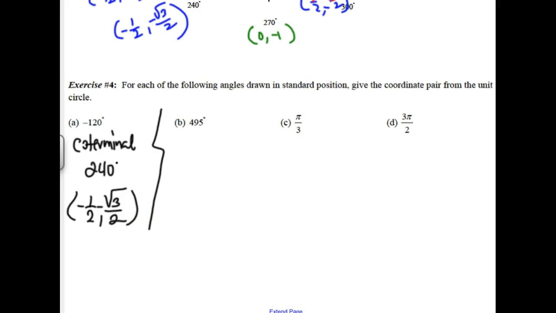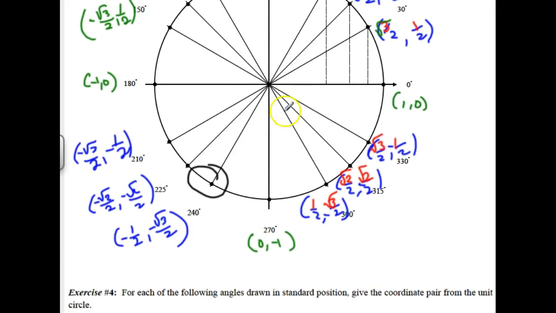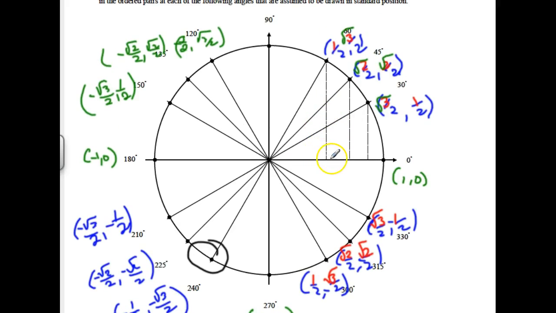So what about 495? I know a full rotation is 360. 360, I keep going. 30 more is 390, keep it going.